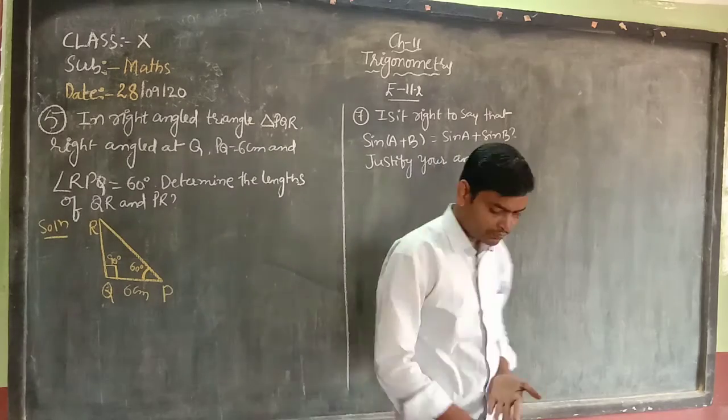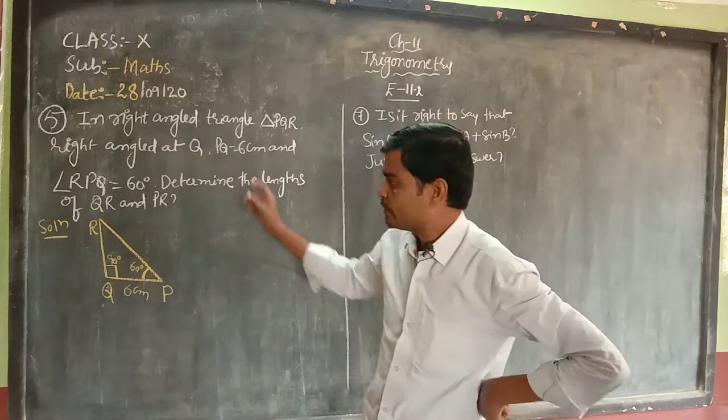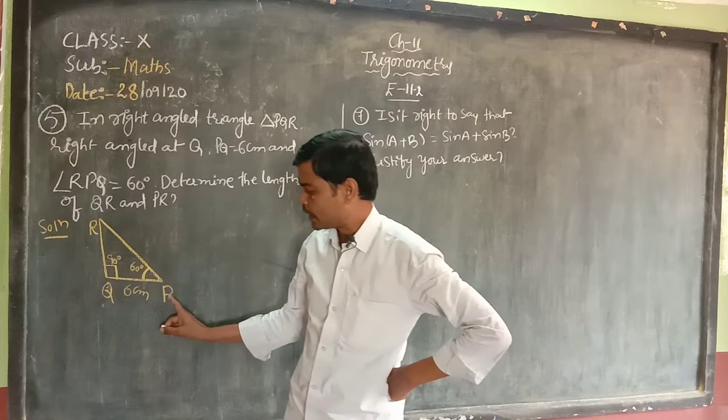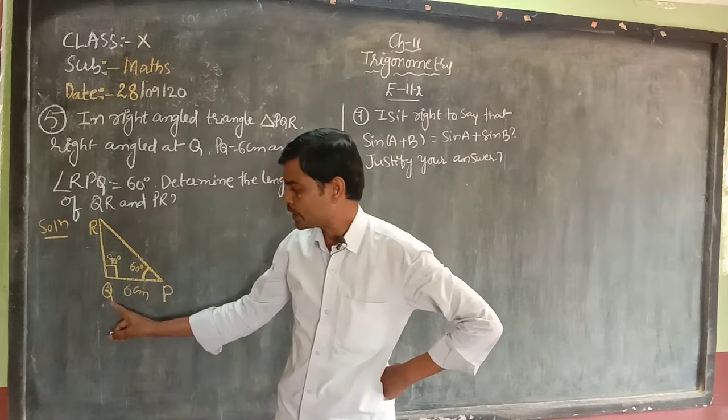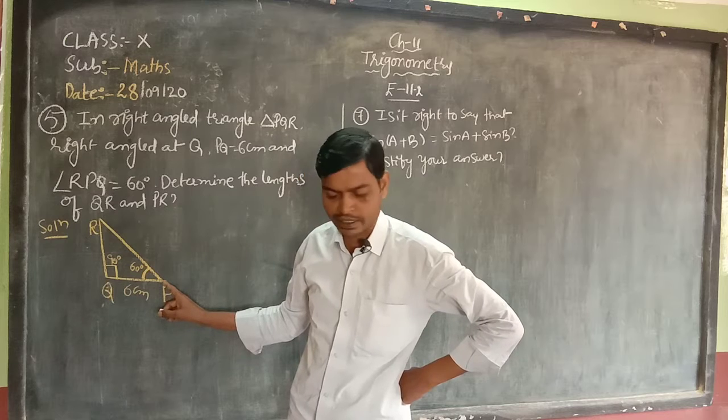Now, from the given question we got the diagram like this: PQR, angle Q is 90 degrees and angle P is 60 degrees.